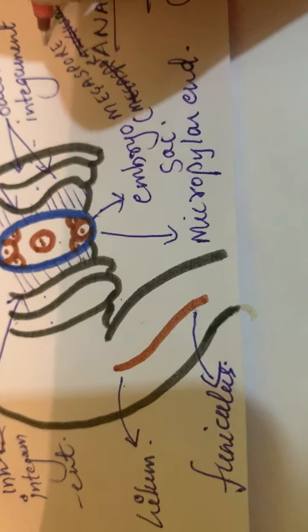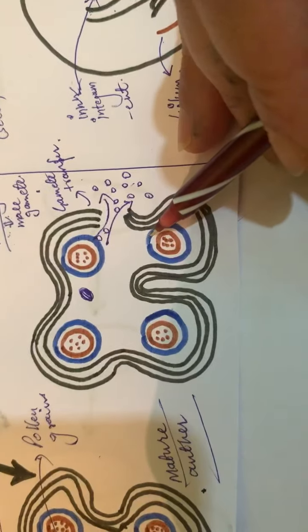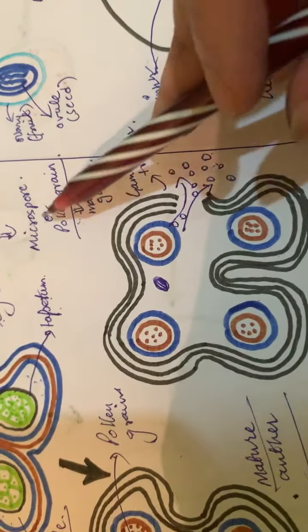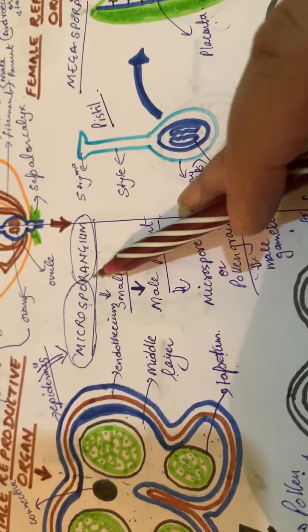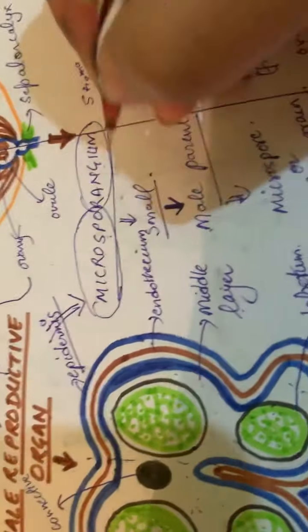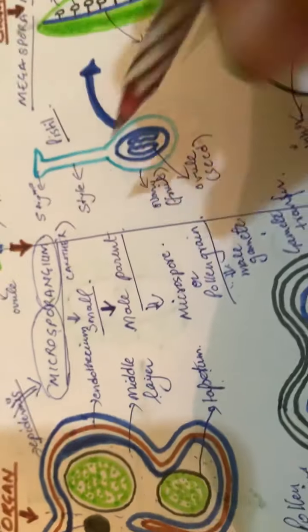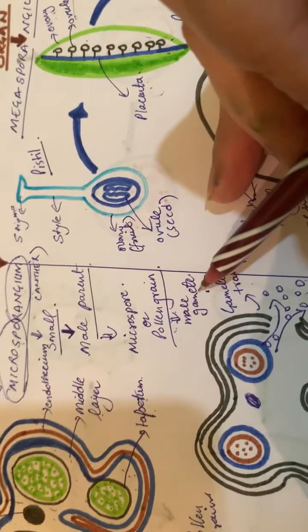If we say comparative study, you can see here this was microsporangium. It comprised pollen grains, which are what? Pollen grains are microspore. You can see a microsporangium, anther, and it comprises microspore, which is a pollen grain containing male gametes.